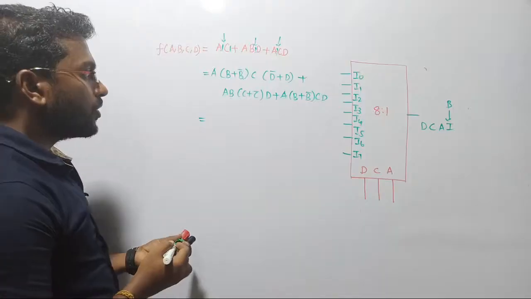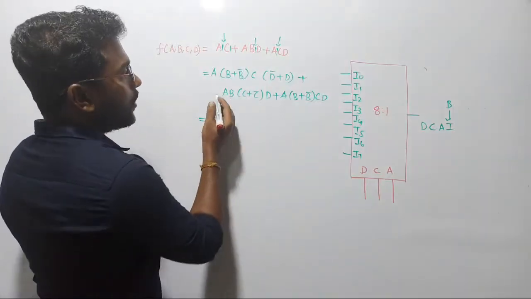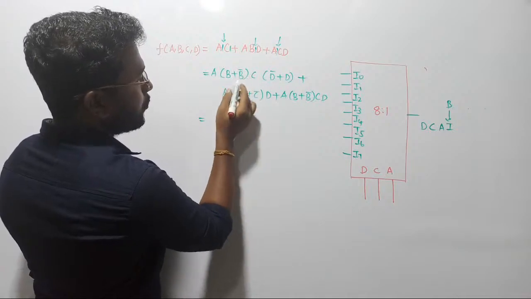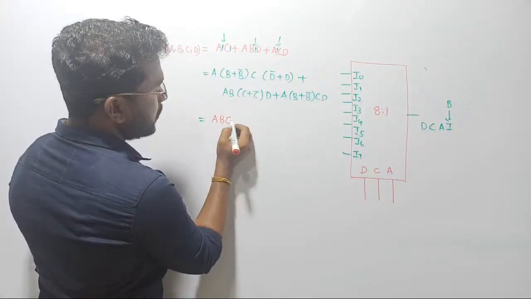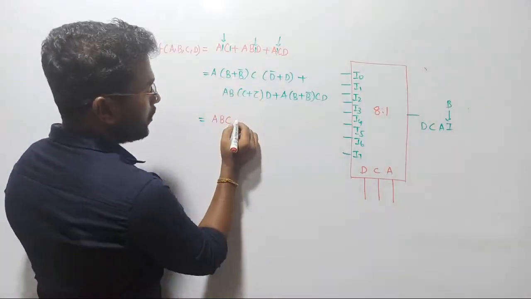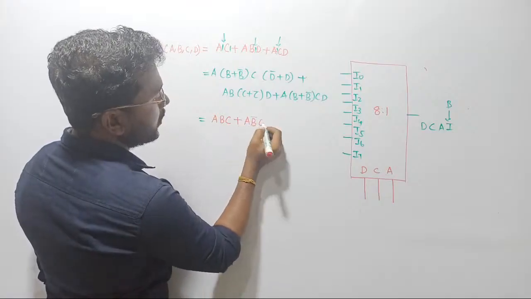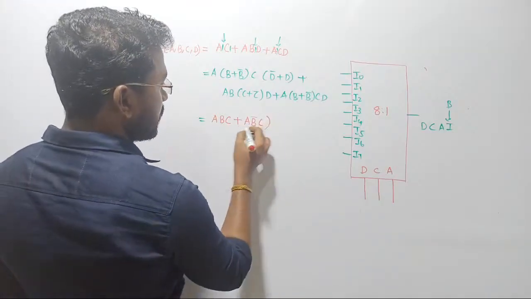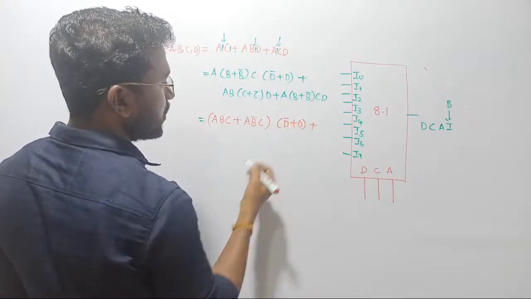Let's enhance this one, right? If I open up the brackets at all, what we are going to realize? Let's see, right? So first of all, if I reduce this function here, I am going to get 2 things. One is A, B, C. First of all, A, B, C, it will be multiplied together, such that we are also going to realize A, B bar, C. We are going to get 2 things, right? And then with this we have to multiply D bar plus D. First one plus, right?